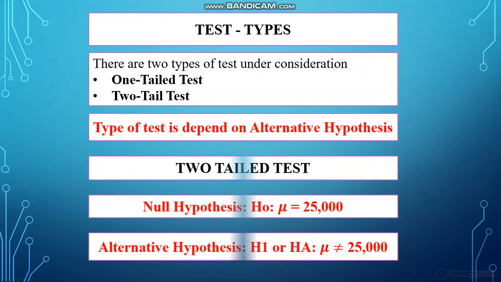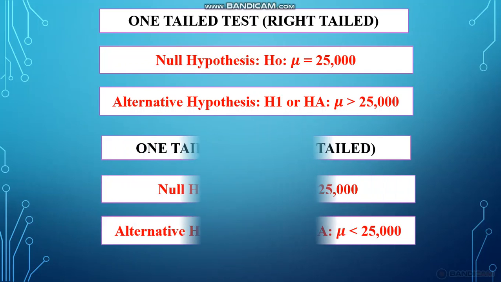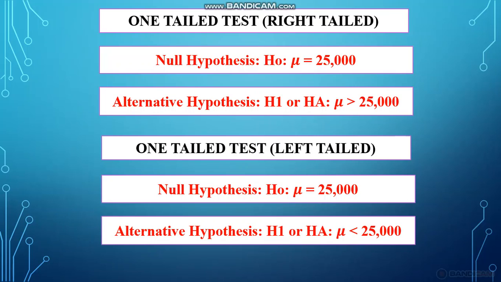For example, if the alternate hypothesis is mu not equal to 25,000, then it is called a two tail test. If the alternate hypothesis is mu greater than 25,000 or mu less than 25,000, then it is a one tail test.